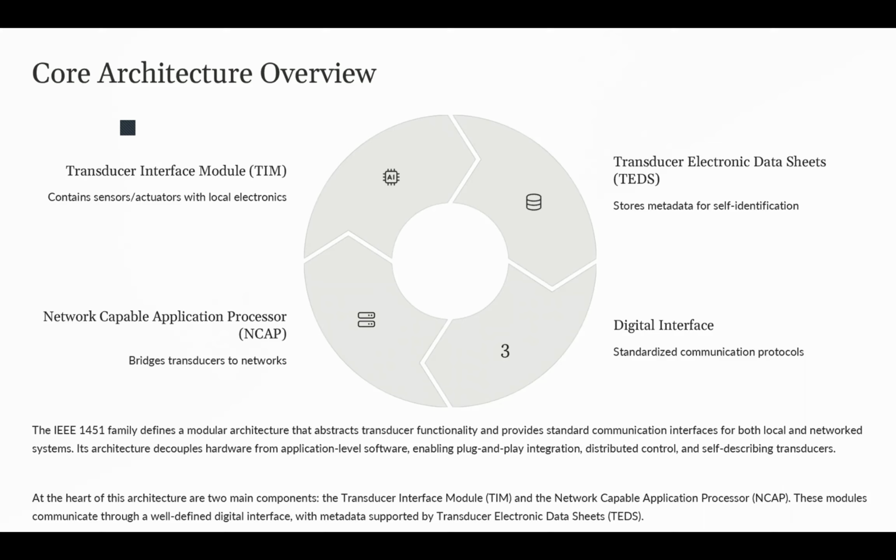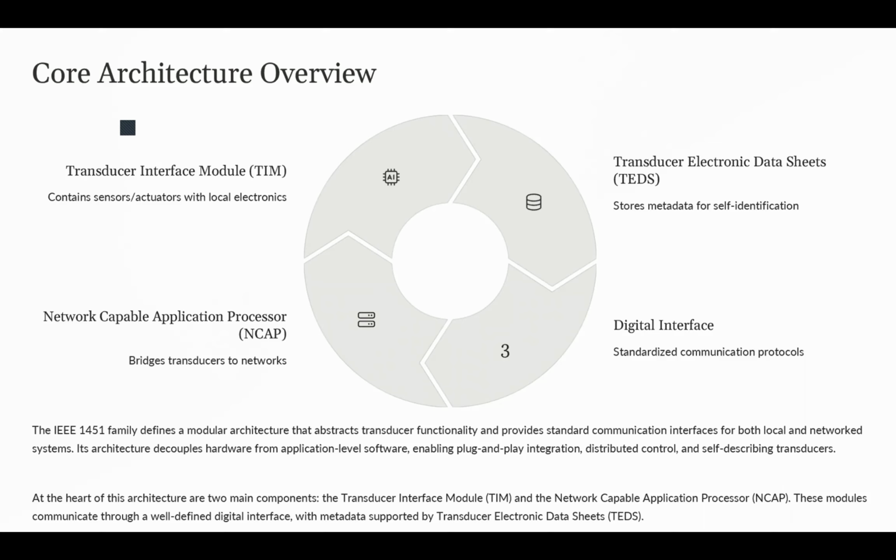Now, the TEDS that we introduce is, as we said, a digital metadata structure, which is either stored in the TIM or linked to the TIM.